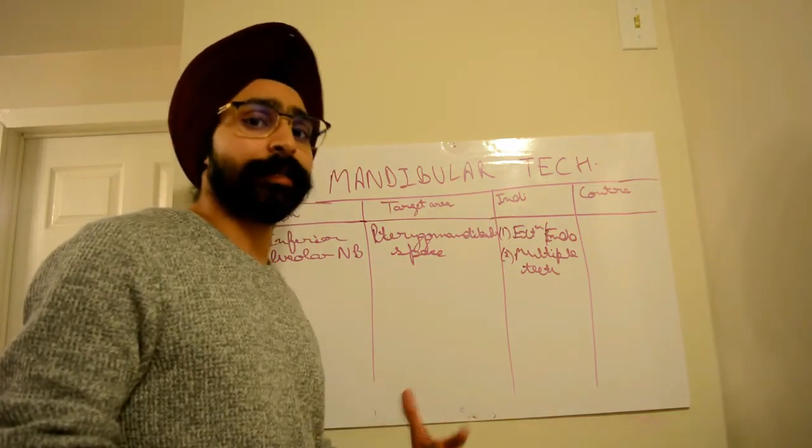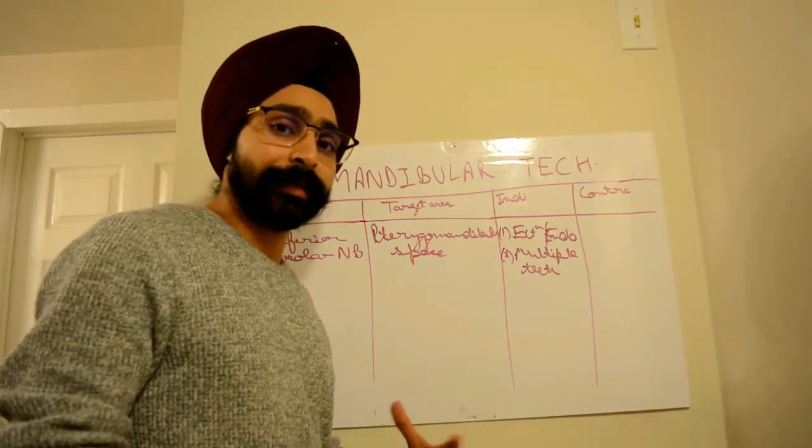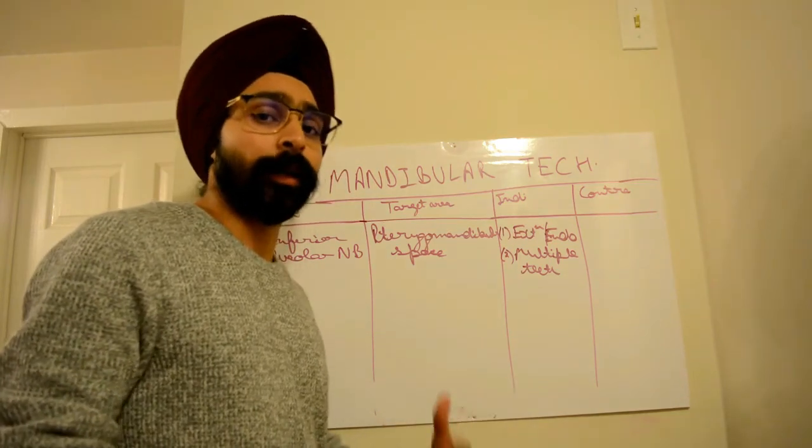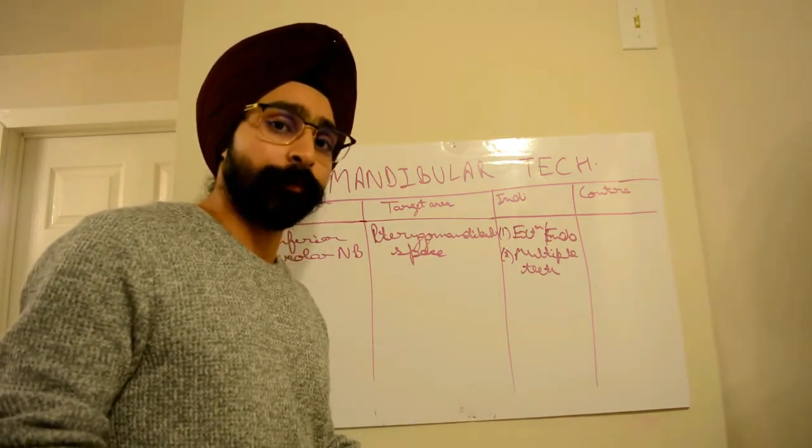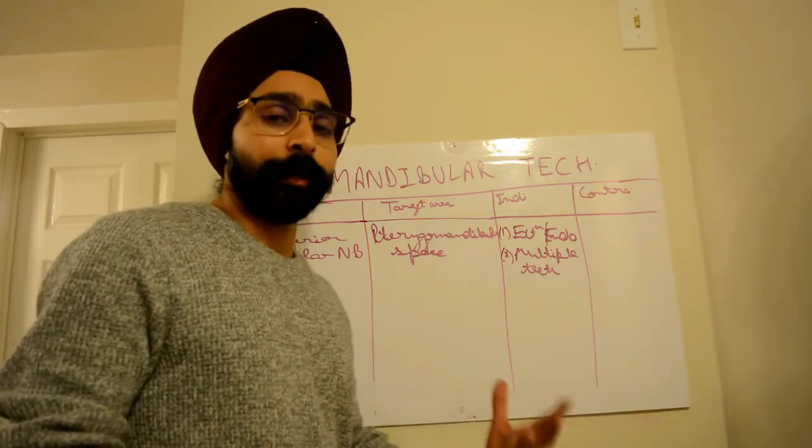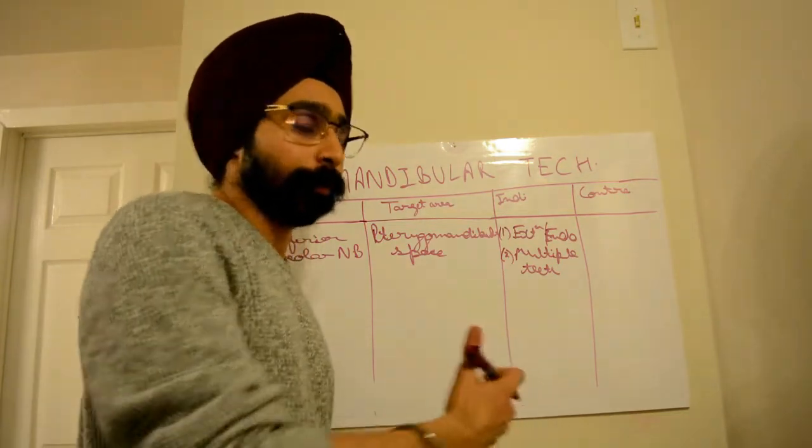It anesthetizes the lingual tissue. It anesthetizes the buccal tissue from midline to the distal of second premolar. Of course, that dentist will need to give long buccal nerve block, which we will discuss later.